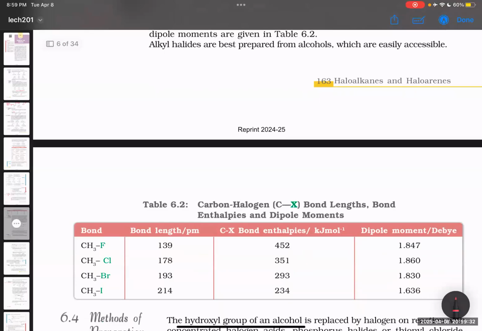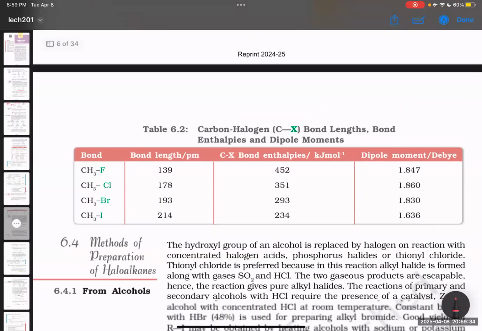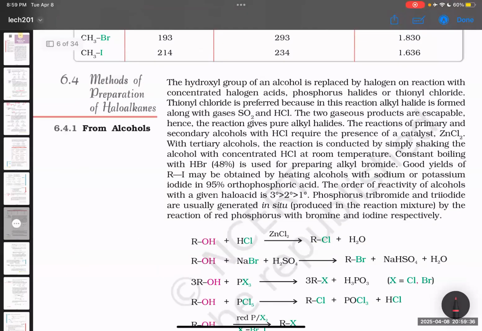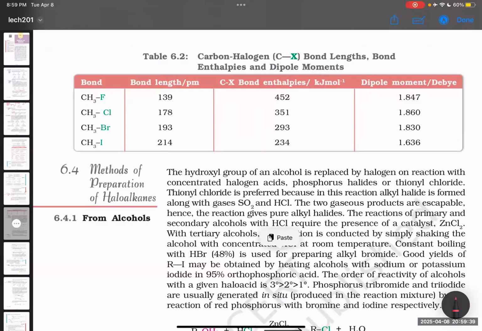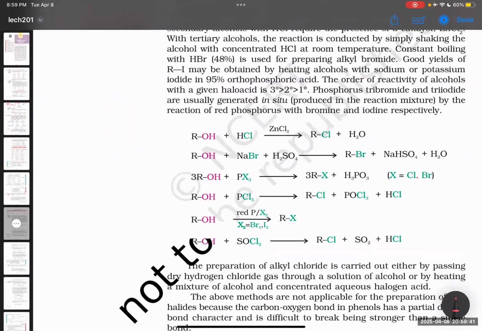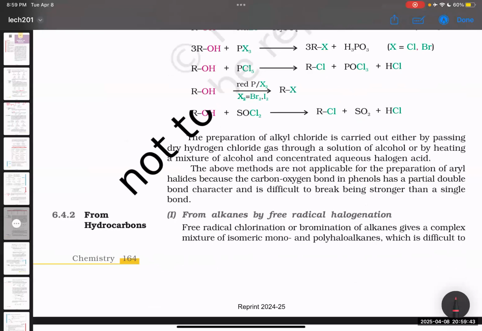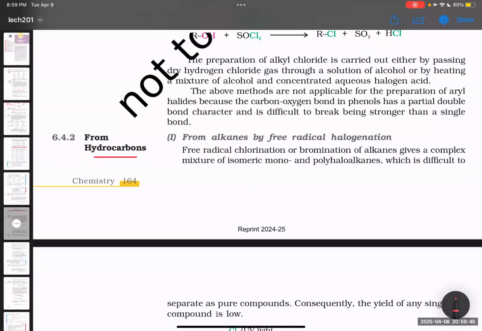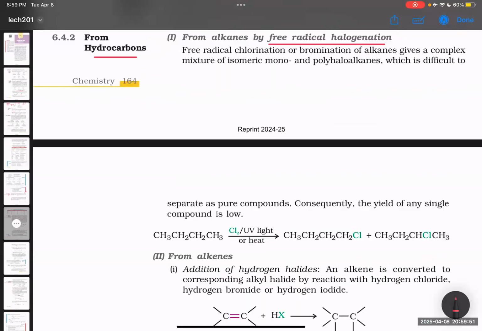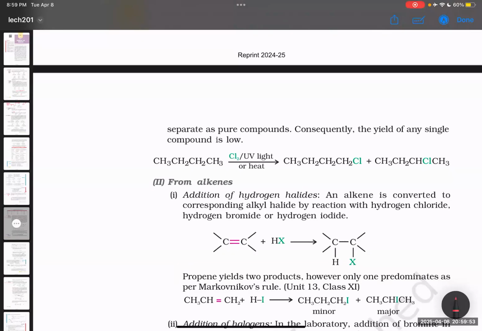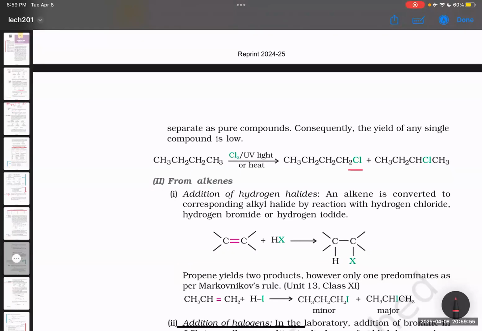But we started with the preparation. Okay, methods of preparation of haloalkanes. So we are coming to that, where we started from hydrocarbons. By free radical halogenation we did it. Okay, by photohalogenation you take light, sunlight.